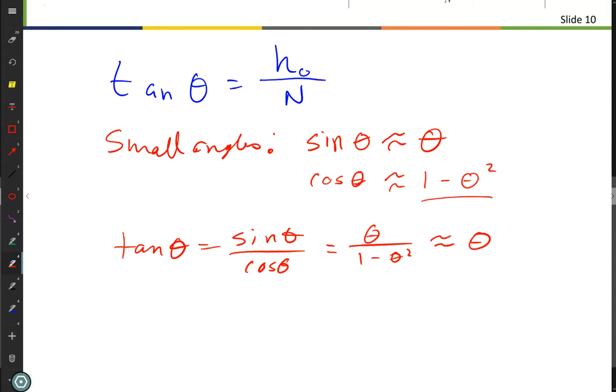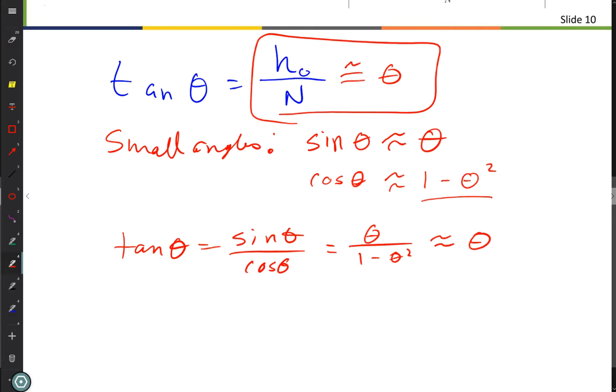So for small angles, sine theta is approximately equal to theta, is approximately equal to tangent theta. So my magnification or my tangent theta, I can then write is approximately equal to theta. These mean the same thing, the wavy equal sign and equal sign with the tilde over it.